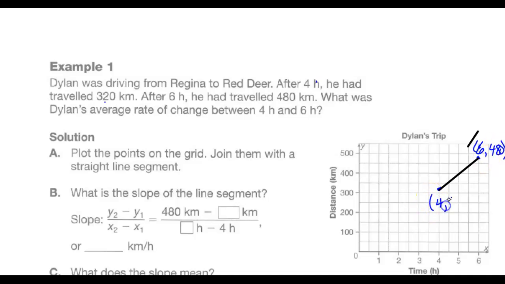This is 4, 320. So second point, 480 minus 320 over 6 minus 4. So that's 160 over 2, which is 80 kilometers per hour.